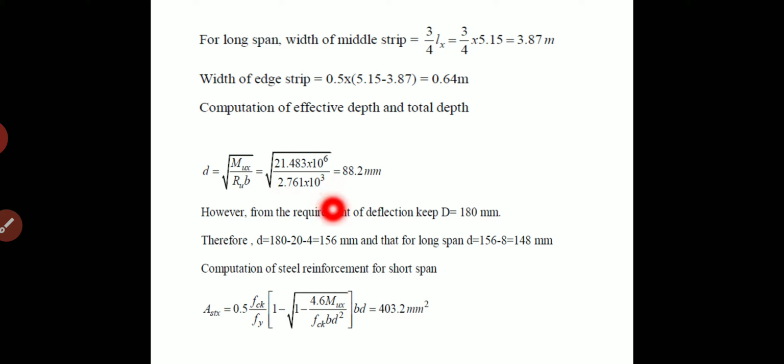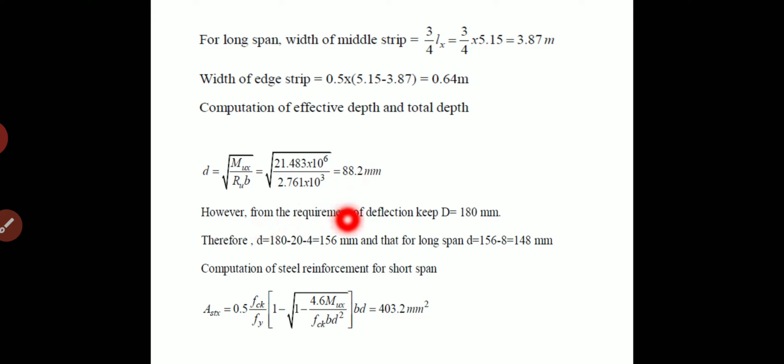This is also calculated as 0.36 FCK XU into B. So here small d equals 88.2 mm.